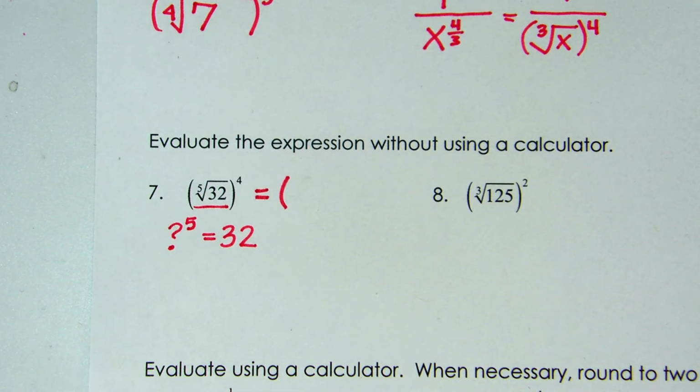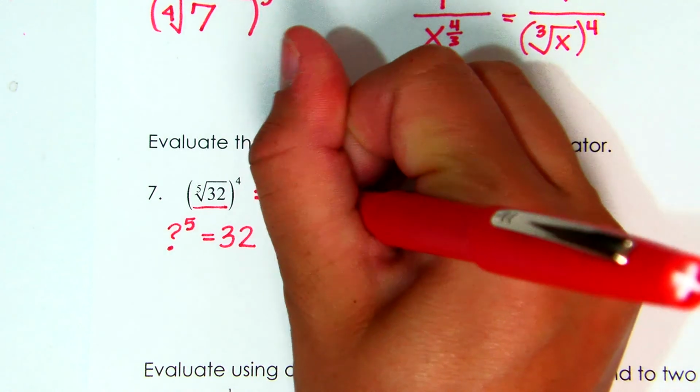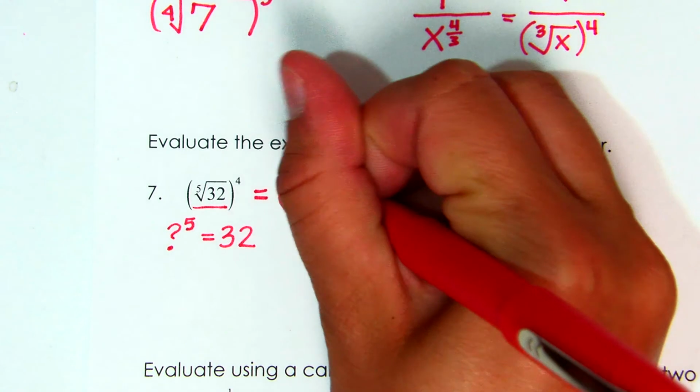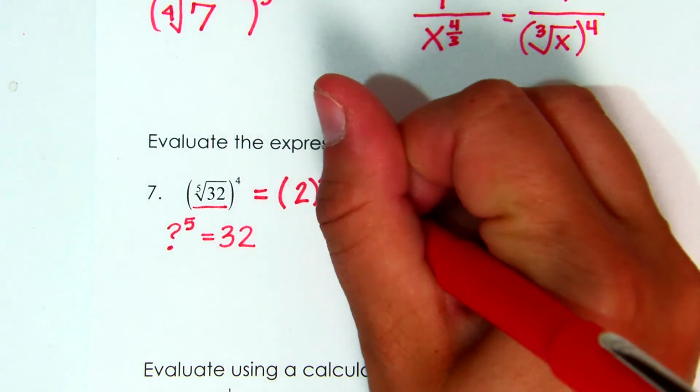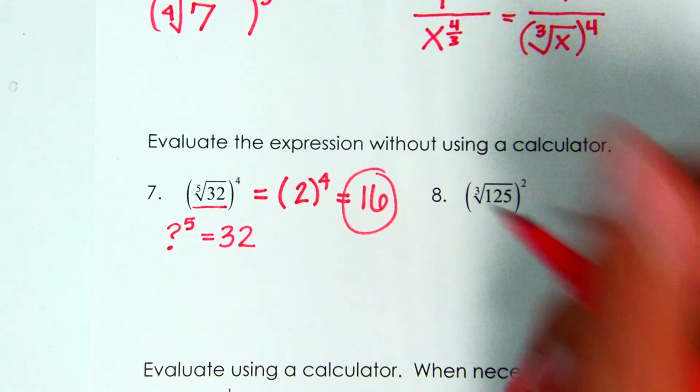I like to start with 2. 2 times 2 times 2 times 2 times 2 is what? So 2 times 2 is 4, times 2 is 8, times 2 is 16, times 2 is 32. So that number I'm looking for is 2, and then I'm going to raise it to the 4th power. 2 to the 4th power is 16.